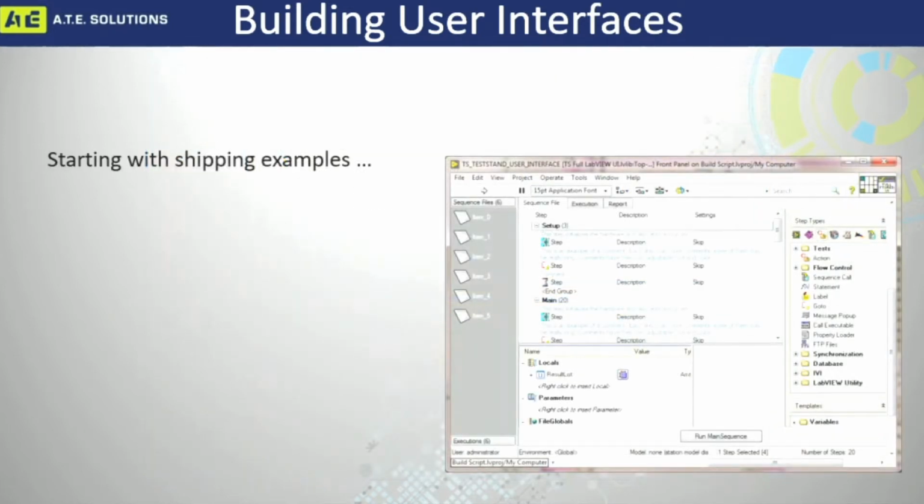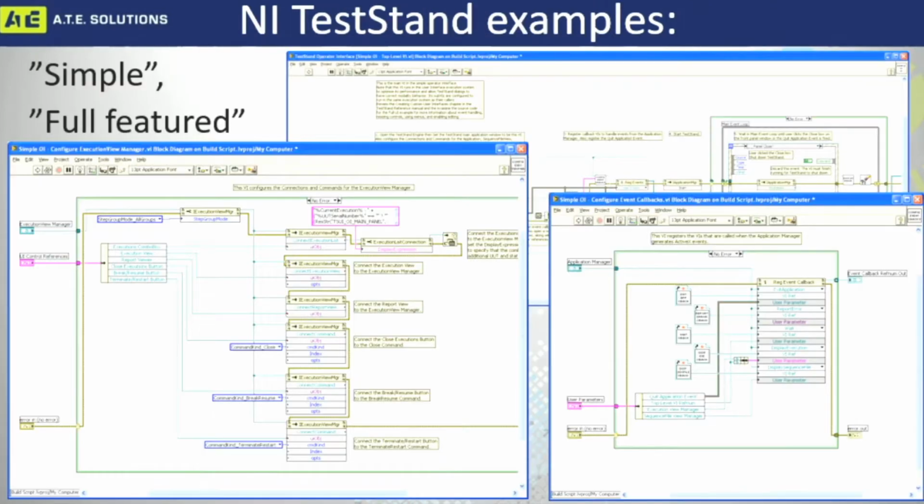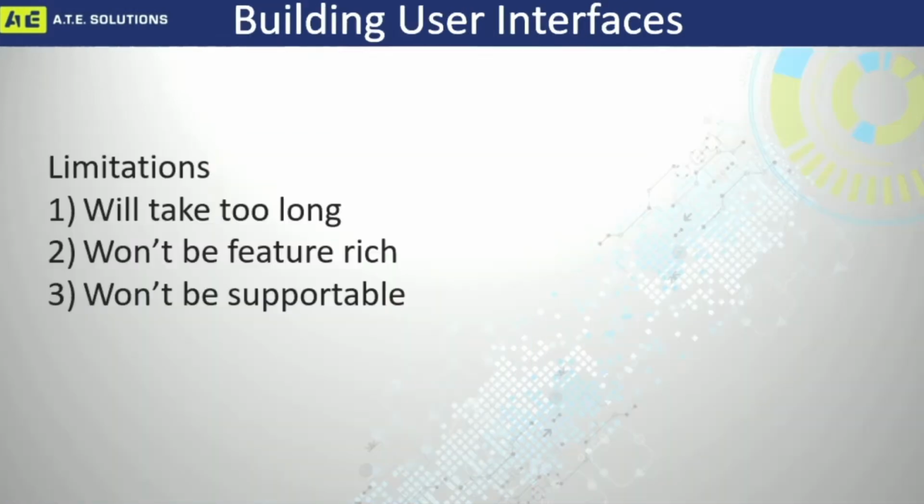What you might do if you're building a user interface is start with the shipping examples. And what you realize is that they're actually quite complicated in terms of the code that sits behind them. So we did this when we first started out, and the limitations we quickly realized were it's going to take a lot longer to develop our user interface if we do it this way. It's not going to be particularly supportable because it's so complicated, and it's not actually going to be particularly feature-rich either because it's just taken so long to develop it.